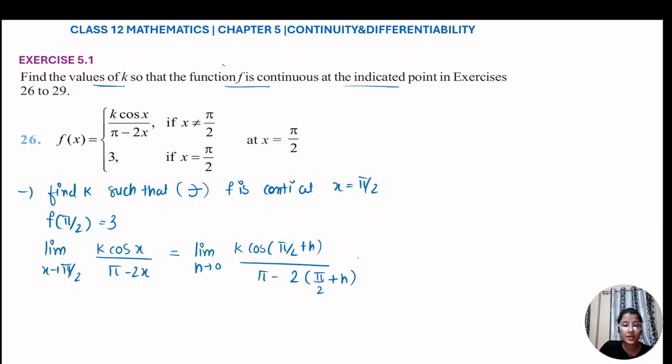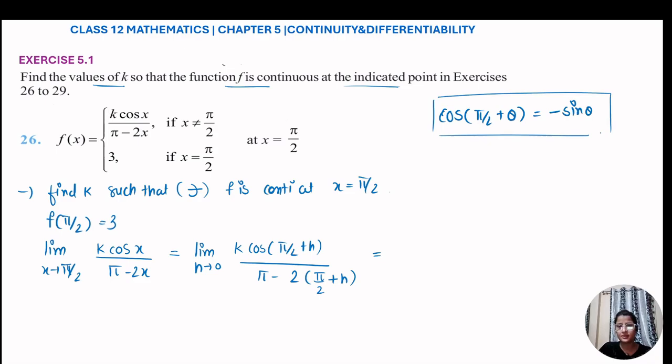So now we can use the formula of cos of a plus b, though it is not needed. We can do it that way also, but here you can use directly that cos of pi by 2 plus theta is nothing but minus sin theta. We're going to use this directly. We know this is a very trivial formula in trigonometry.